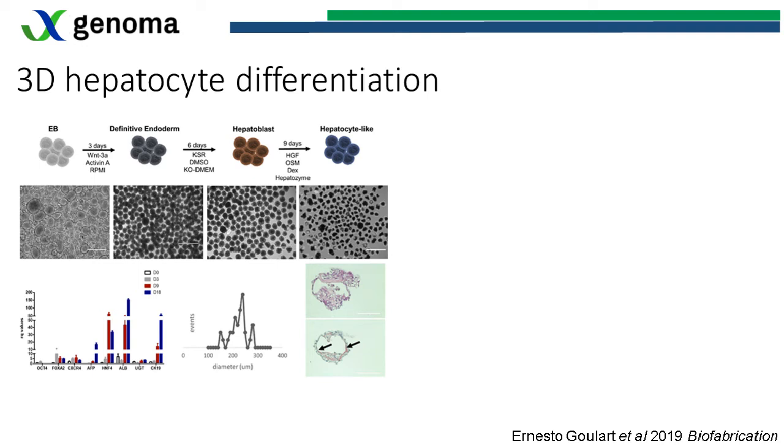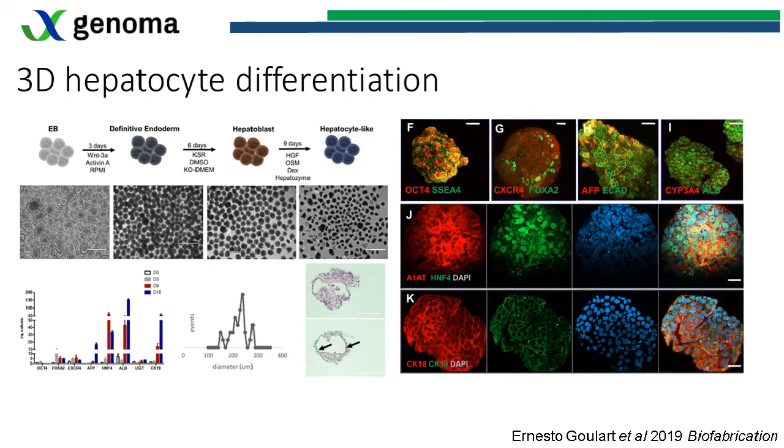We use the same recipe, and we check the expression of important endoderm, hepatoblast, and hepatocyte markers throughout the differentiation process. We observe the same pattern as we observed in the 2D differentiation process, as we can see also on the immunofluorescent staining here on the right.